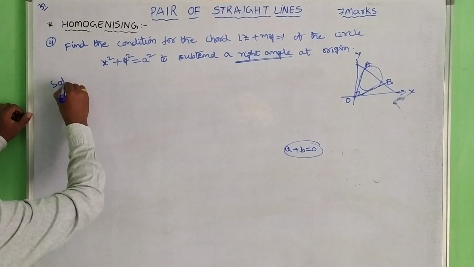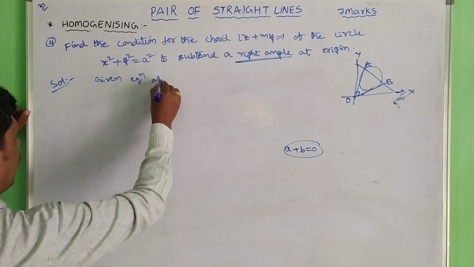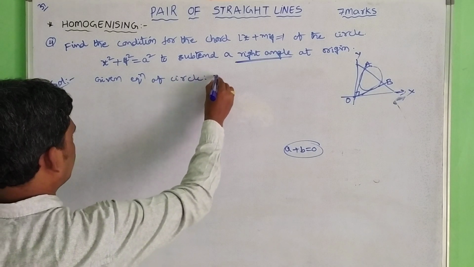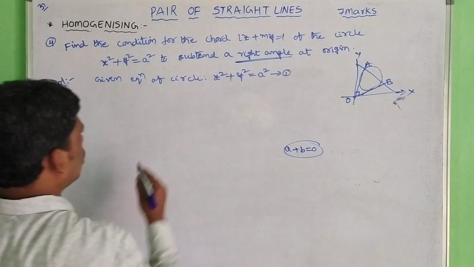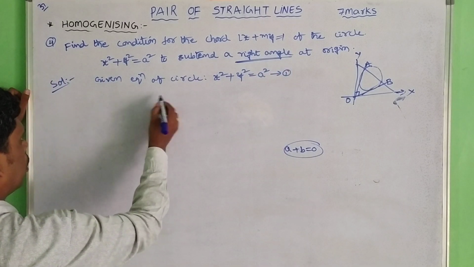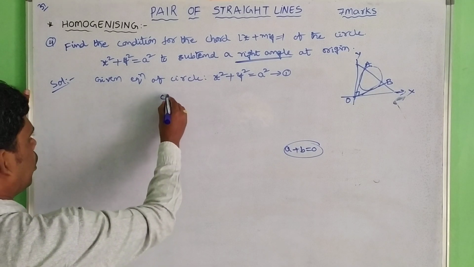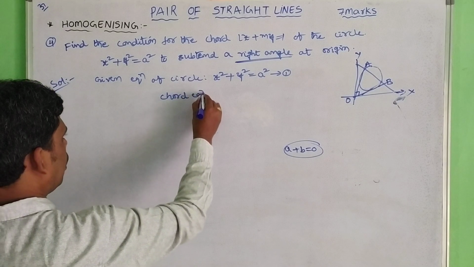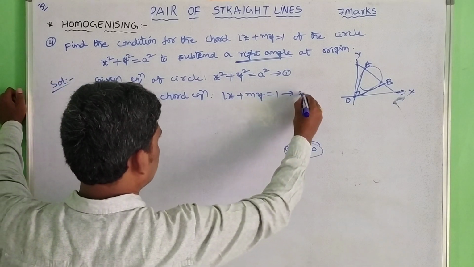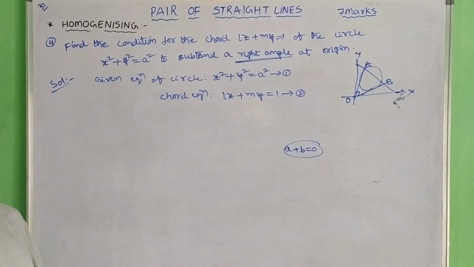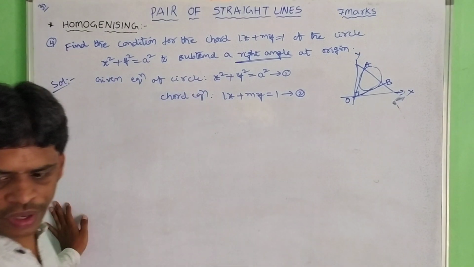First, the given equation of circle: x square plus y square equal to a square, equation number 1. Next, the given chord or straight line, equation lx plus my equals to 1. In this equation we cannot convert it into the 1, because 1 is already given in this chord equation.